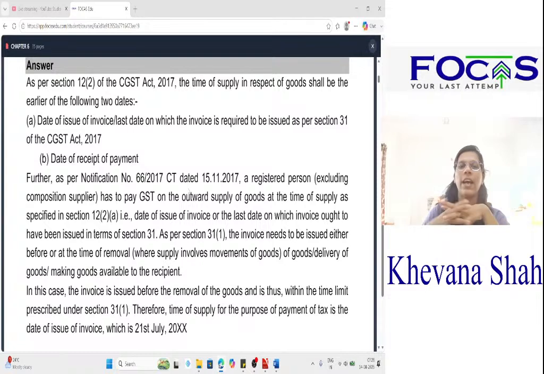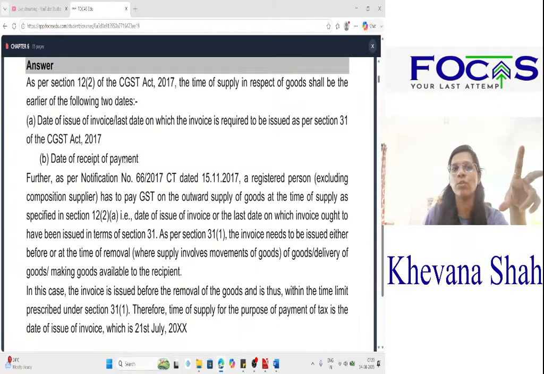Now let's see the answer. As per section 12(2) of the CGST Act 2017, the time of supply in respect of goods shall be the earlier of the following two dates: the date of issue of invoice or the last date on which the invoice is required to be issued as per section 31 of the CGST Act 2017, and the date of receipt of payment.